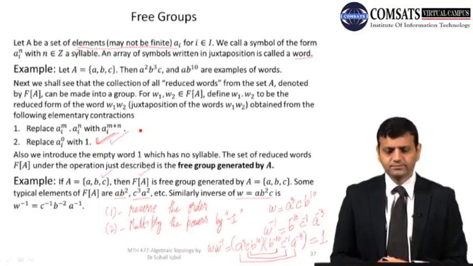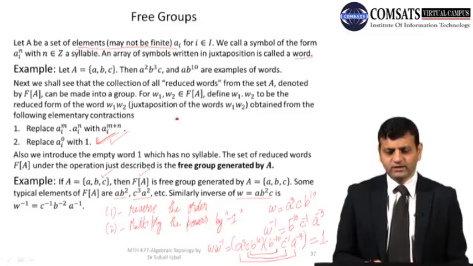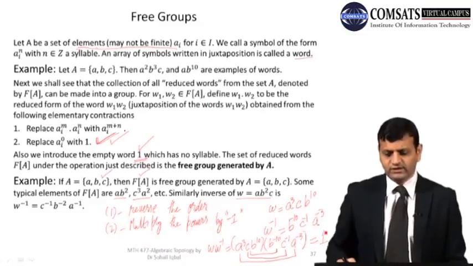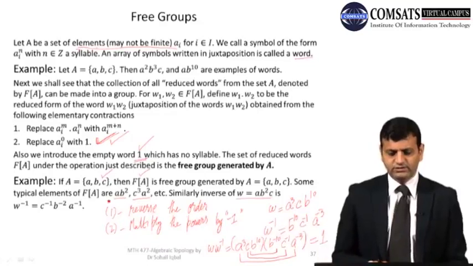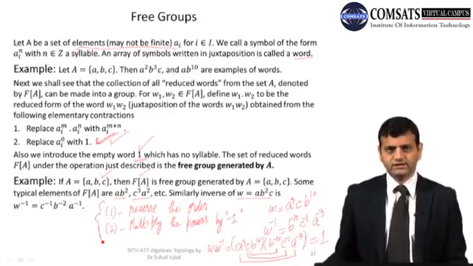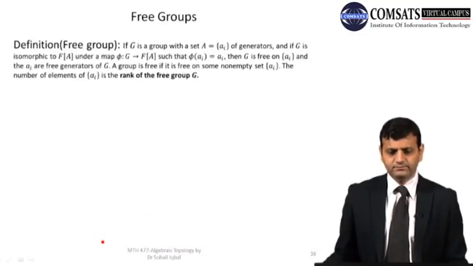And that binary operation with the empty word 1 forms a group. And how do we calculate the inverse in that group? We have seen an example. Under these two rules we can calculate the inverses of elements of the group generated by A.